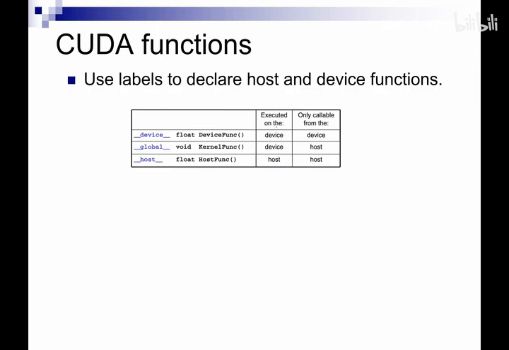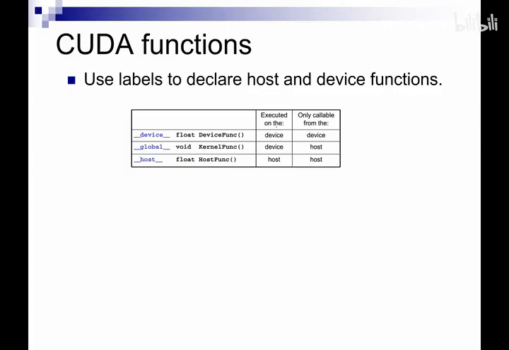Okay, so I'm going to talk a bit about the syntax of these CUDA functions. We have different types of functions in CUDA. When you declare a function, you need to prefix it with a label. The first label is double underscore, so there are two underscores here, then device, and then two more underscores.